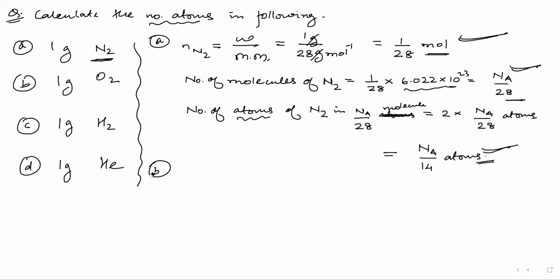So let me just write it here. B is NA by 16. C is NA. And D is NA by 4. Okay, so we have the answers like this.